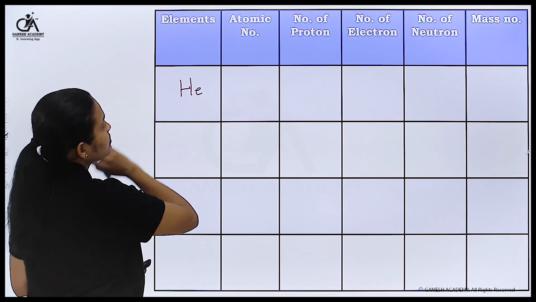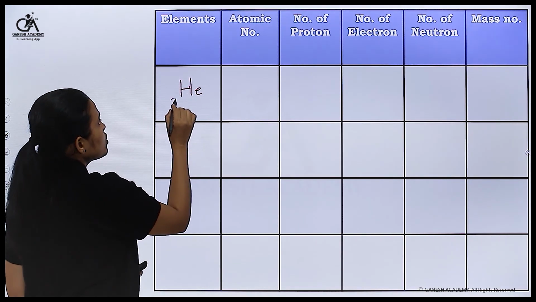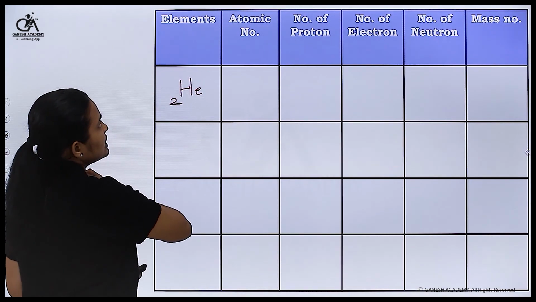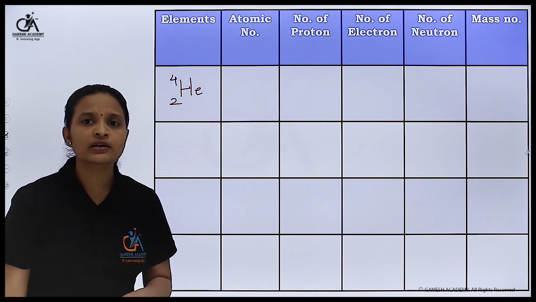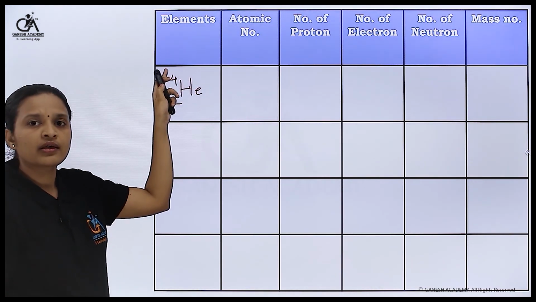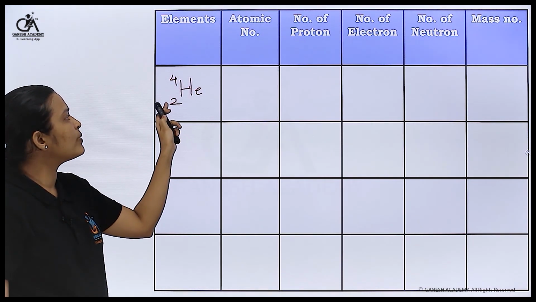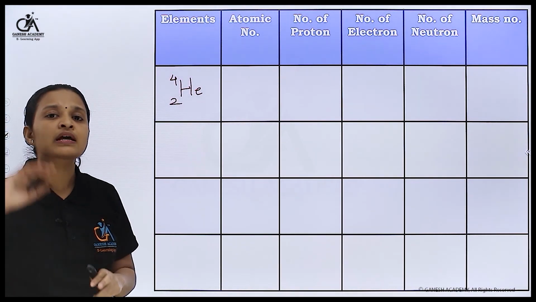Okay. So in the previous slide I told you the atomic number of helium is 2 and the mass number is 4. In symbolic form, we always write the atomic number at the bottom of the symbol and the mass number at the top.